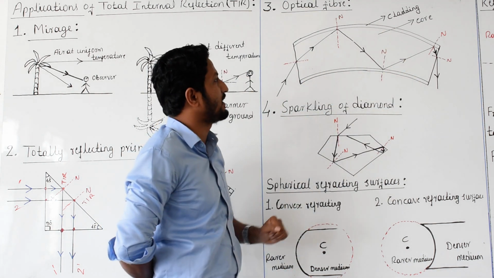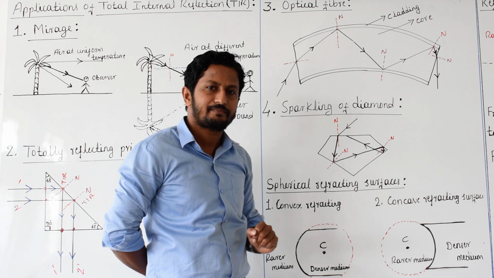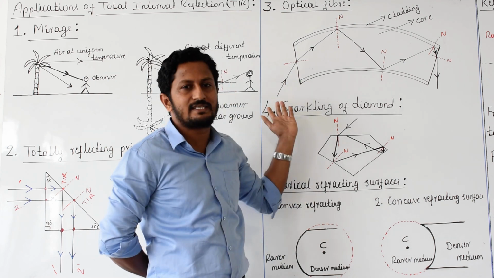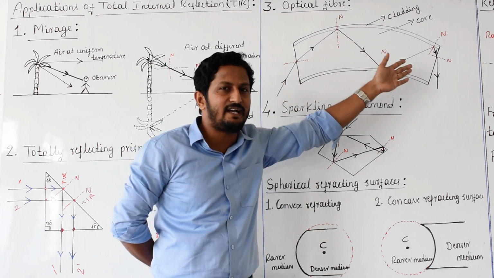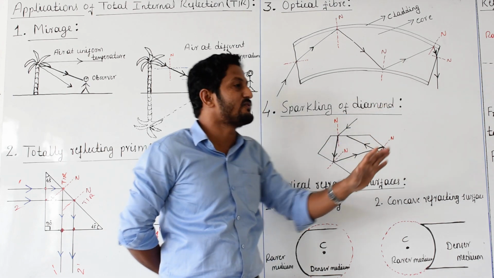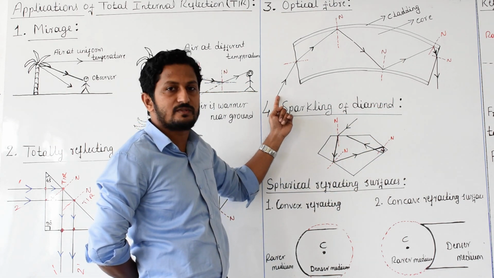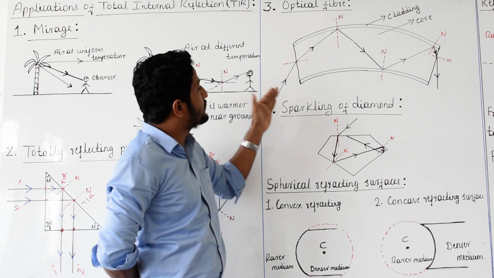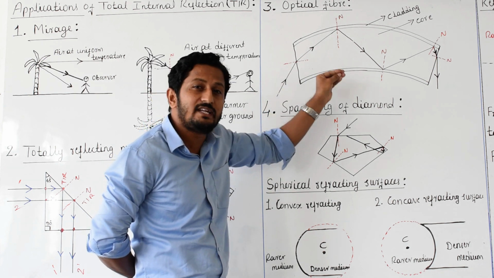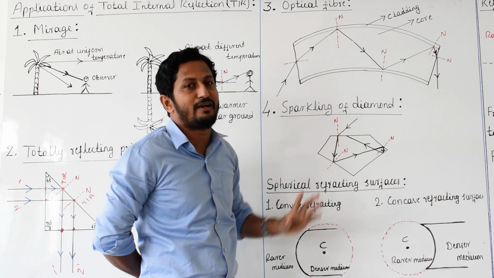Yes. Now you look here. It is like a pipe, obviously with one inlet and one outlet. Now you see here what happened. Concentrate on this light ray. This is a light which we pass inside that optical fiber.